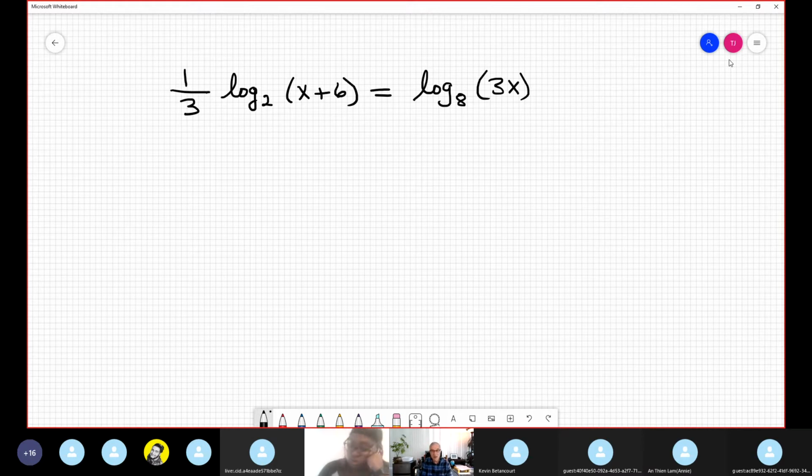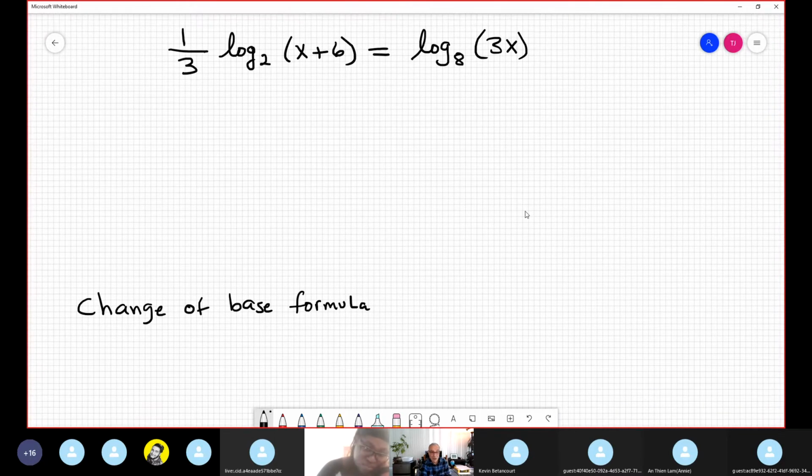When the base is different, the only property that we can use is property number 8, the change of base formula. Let me copy it here. This is the only formula that allows us to change the base.